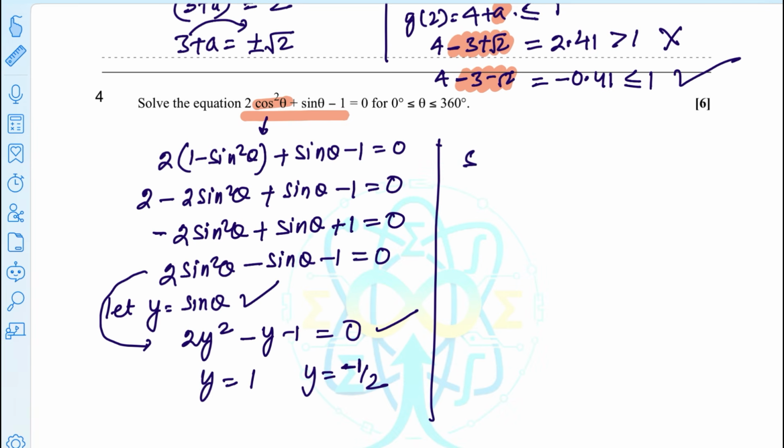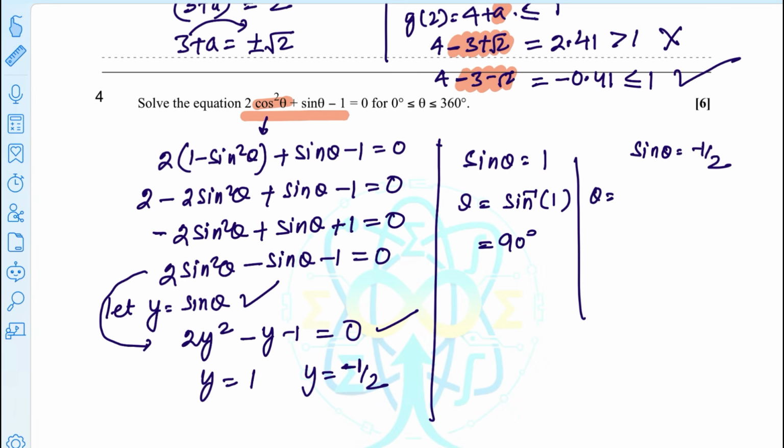Sin theta. So I can say sin theta equals 1, or sin theta equals minus half, right? So theta equals sine inverse 1, which equals 90 degree, and theta equals sine inverse minus half, so I'm getting minus 30 degree, right?